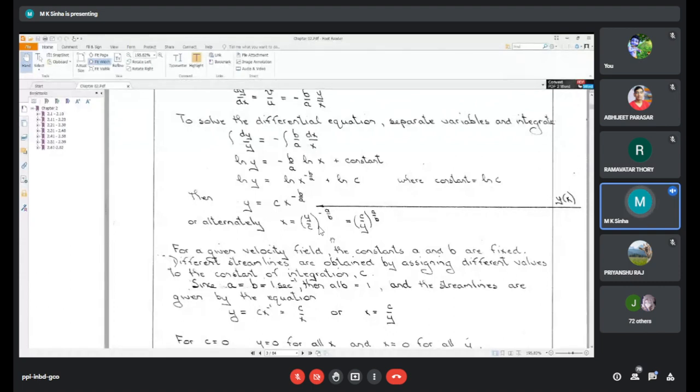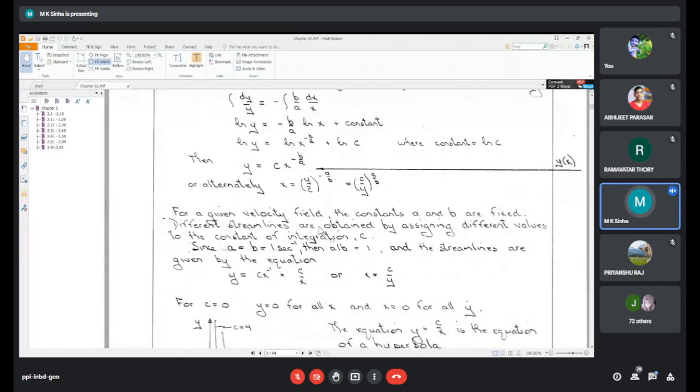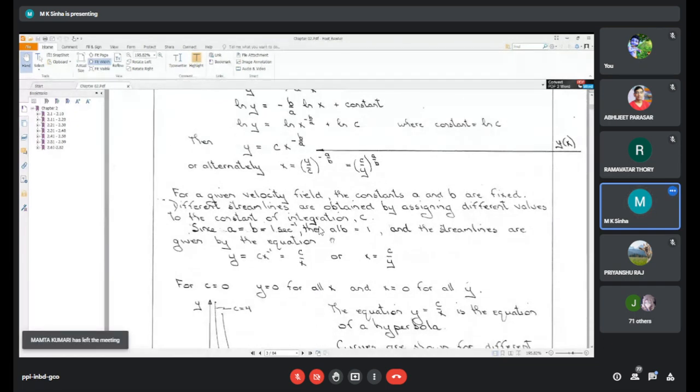The constant of integration c, and the streamlines are y equals c x to the power minus 1, because a and b are both the same. Either 2 or a, it doesn't matter as long as the values are the same, or if different, then some ratio comes, it doesn't matter. So x equals c y, and this is your parabolic equation form.